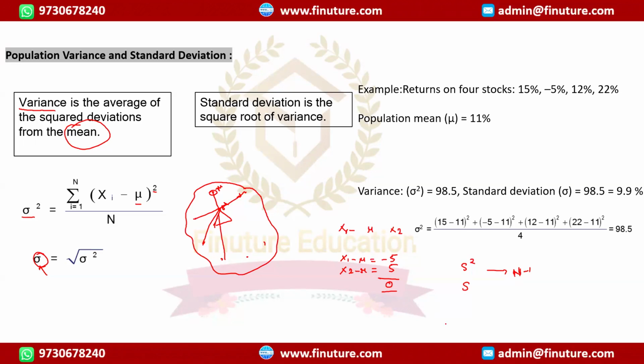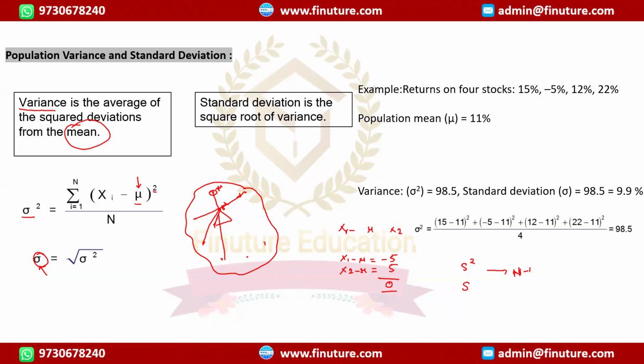So n minus 1, because there would be one data point for which the deviation would already be known. Listen to me carefully. This one data point would be mu. So the deviation of one data point is already fixed.